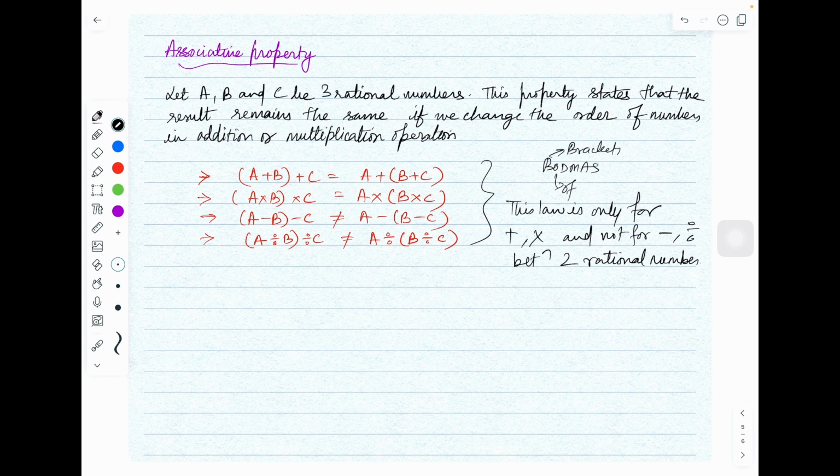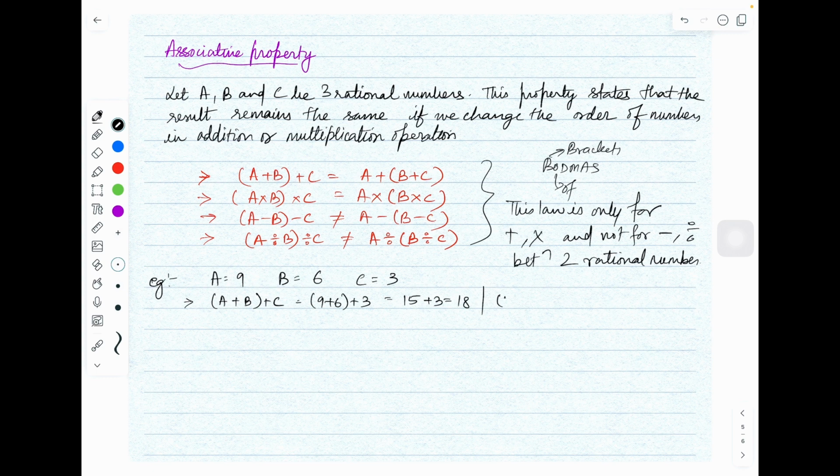Okay, example: a equals 9, b equals 6, c equals 3, suppose. So (a + b) + c is what? 9 plus 6 plus 3. 9 plus 6 is 15, 15 plus 3 is 18.